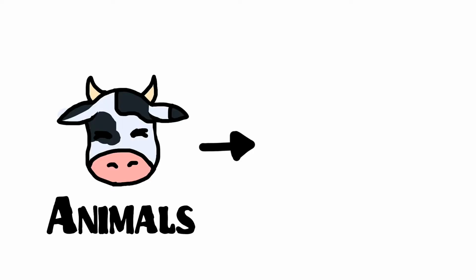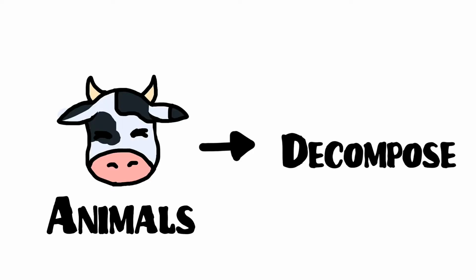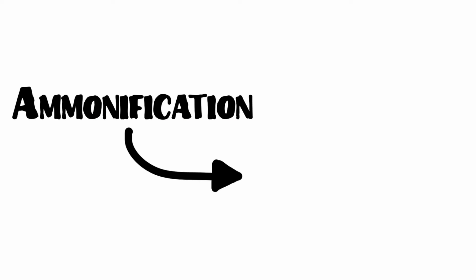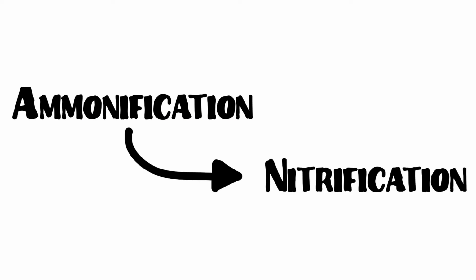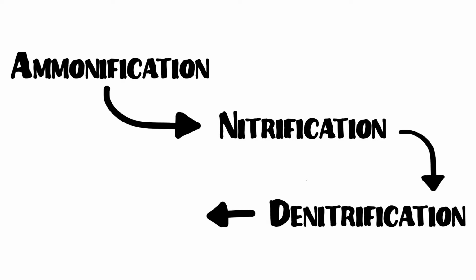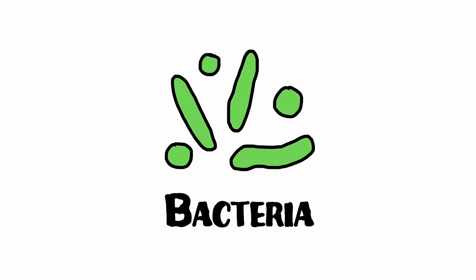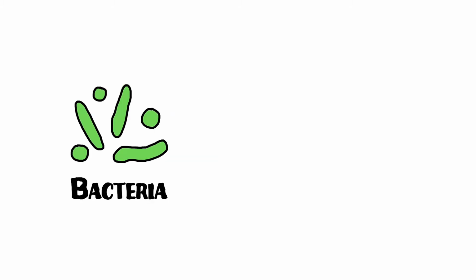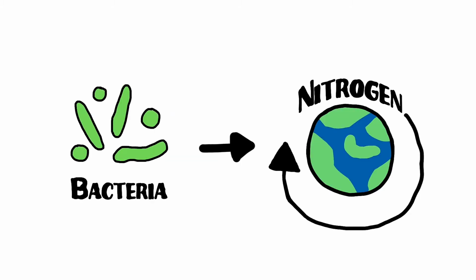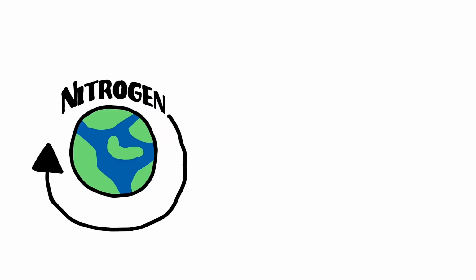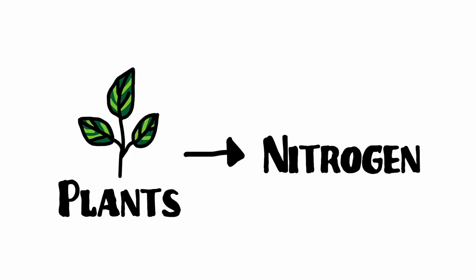And once those animals decompose, it once again goes through ammonification, and then through the bacteria once again until it denitrifies and turns into nitrogen gas and goes to the atmosphere once again. The whole process is carried through bacteria, which is why nitrogen is difficult to cycle through the earth. An important factor that connects the nitrogen cycle to the flora of the earth is that nitrogen is a nutrient that plants need.